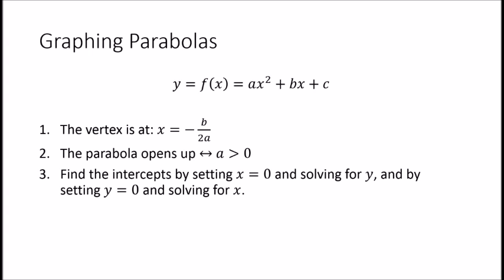Similarly, if you're interested in knowing whether the parabola opens up or opens down, you look at the coefficient a, and if that coefficient on x squared is positive, then you know that the parabola opens upwards, is a cup shape. If the value of a is negative, is less than 0, you know that it opens downwards.